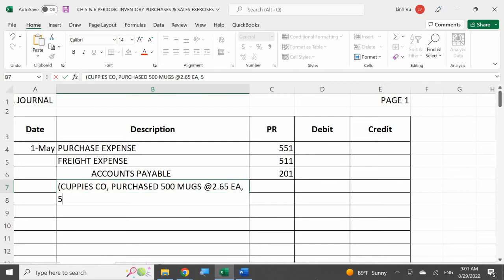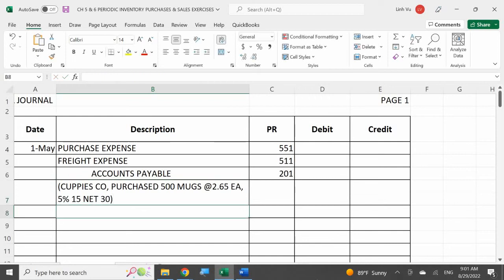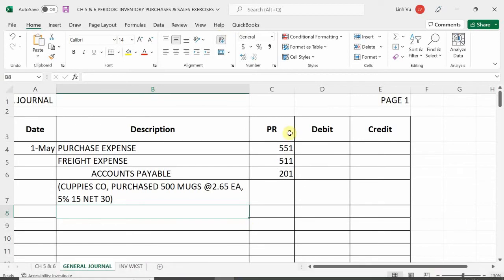And they also gave us terms. They gave us a 5% discount if we paid within 10 days. If not, the entire bill is due in 30. Okay? So how much was my total purchase expense? We know freight was 100.